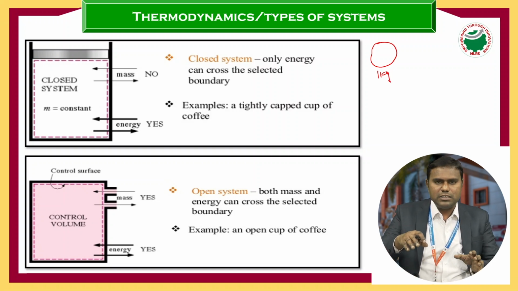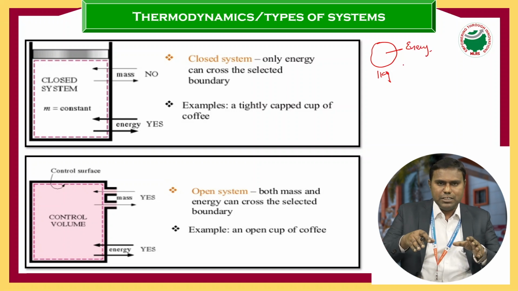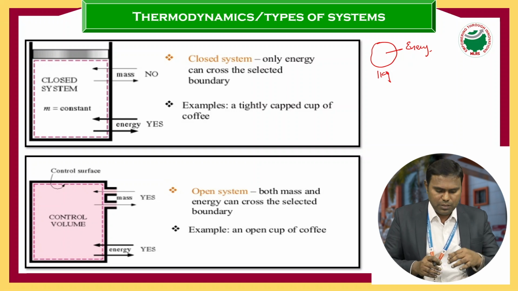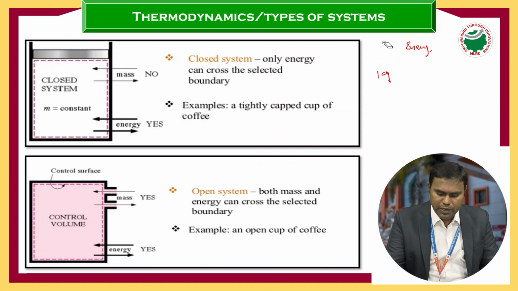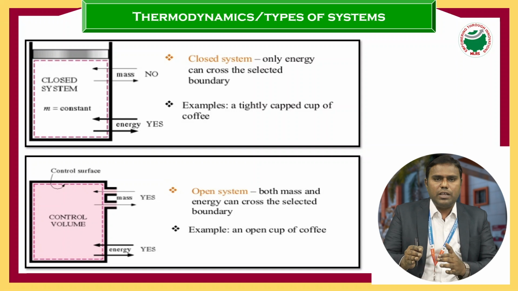When the fuel gets combusted and produces gas or heat, then that is called energy. Based on this mass and energy, systems are classified into three types: closed system, open system, and isolated system. In a closed system, the mass is fixed. We cannot change the mass, and only energy transfers across the boundary.